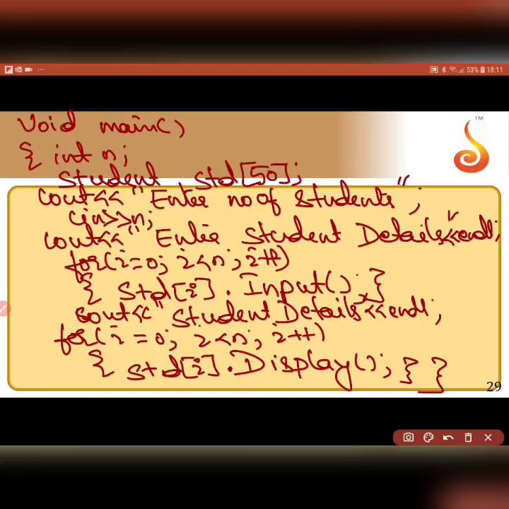The display. So this is the end of main, this is the end of for. So I am calling the display function n number of times.